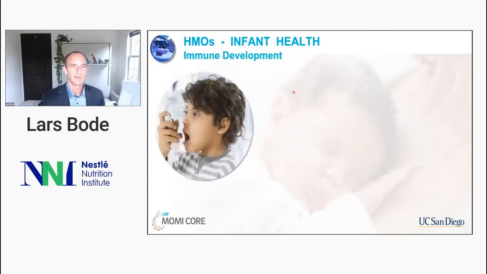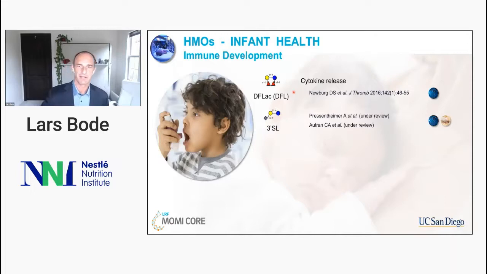And one more, for immune development: different oligosaccharides being associated with certain cytokines being released with chronic macrophage inflammation, which we study extensively. And there's a review that goes into this in detail and links different oligosaccharides with different immune responses.